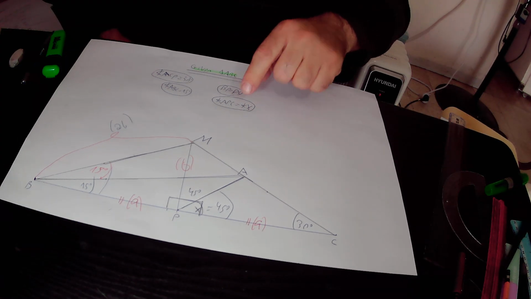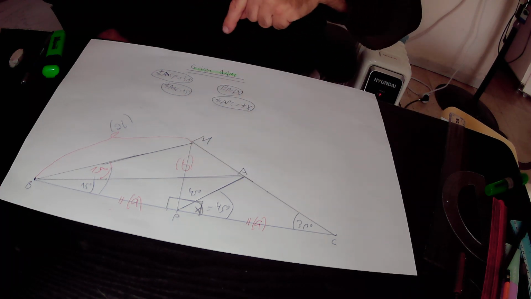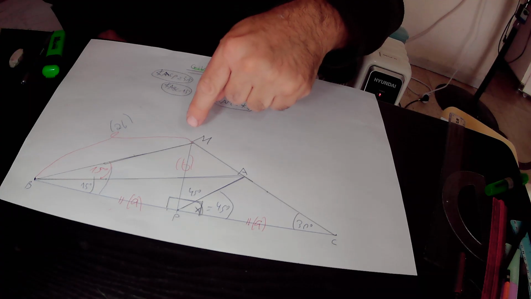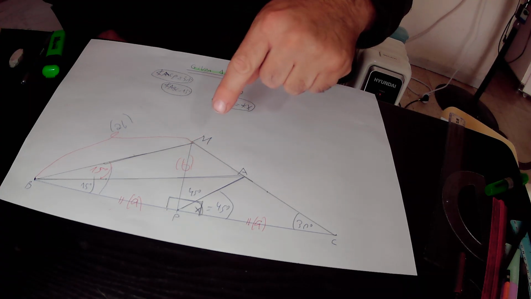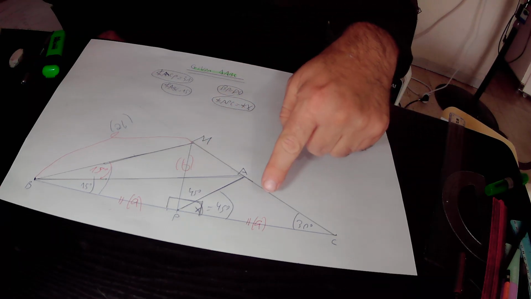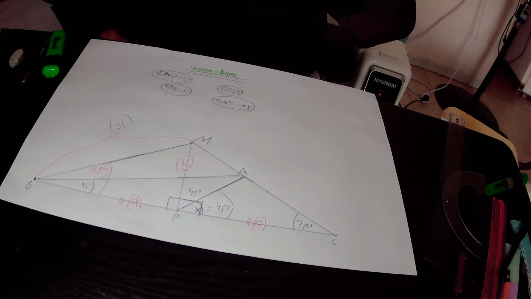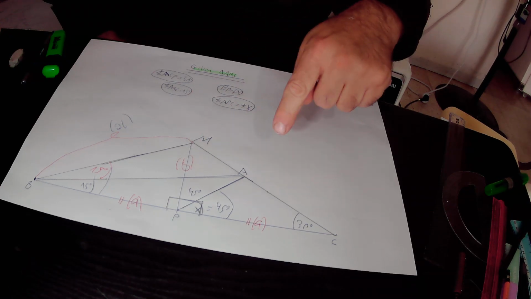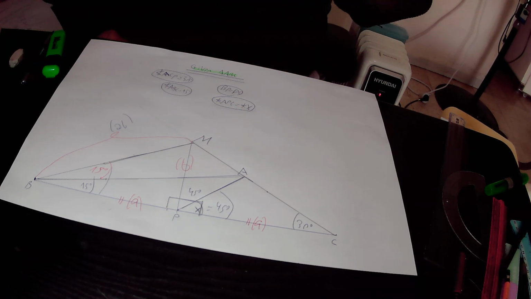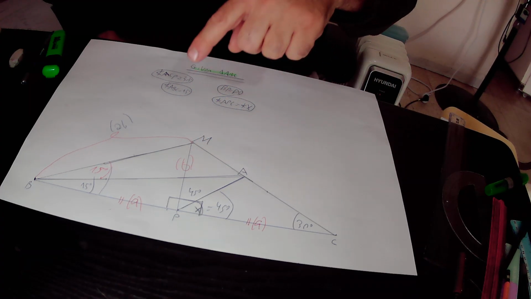So in the next step, we'll focus on this right triangle MPC. MP, that is B, over PC, that is A, equals to MA over AC. That is to say, in the right triangle MPC, AP divides the sides of this right triangle MPC proportionally. Why?